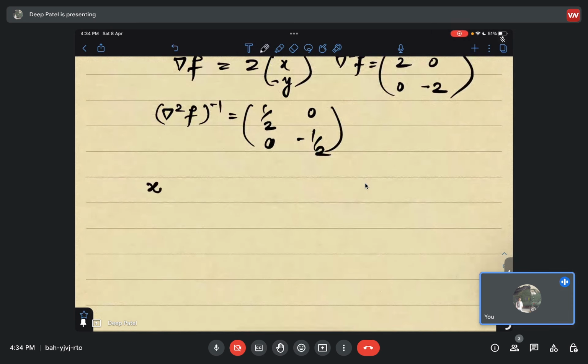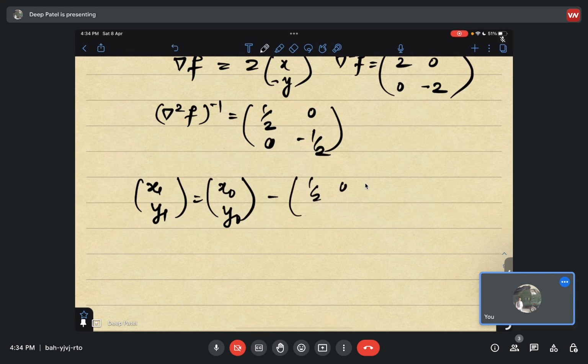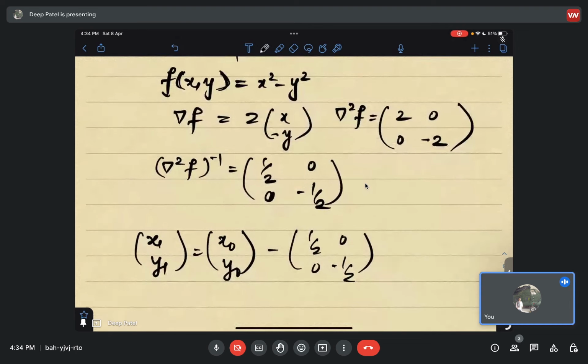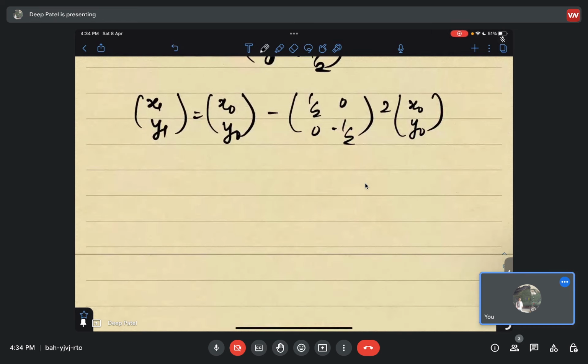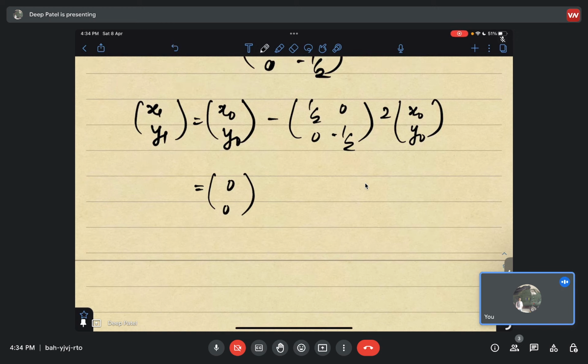So what do we get? x1, y1. Let's say we start at some x0, y0. The gradient is 2 times (x0, minus y0). So what do we get? 0, 0, because the 2 simply gets cancelled out here.